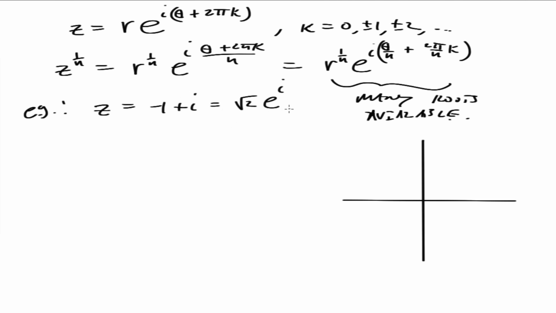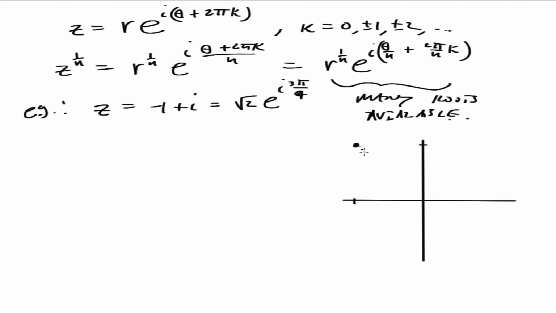e to the i, and now this is going to be 3 pi over 4. Sorry, 3 pi over 4. Okay, so where does that sit on the circle? Well, we'll say this is 1 right there, and that's 1 there. So our complex number is right there.